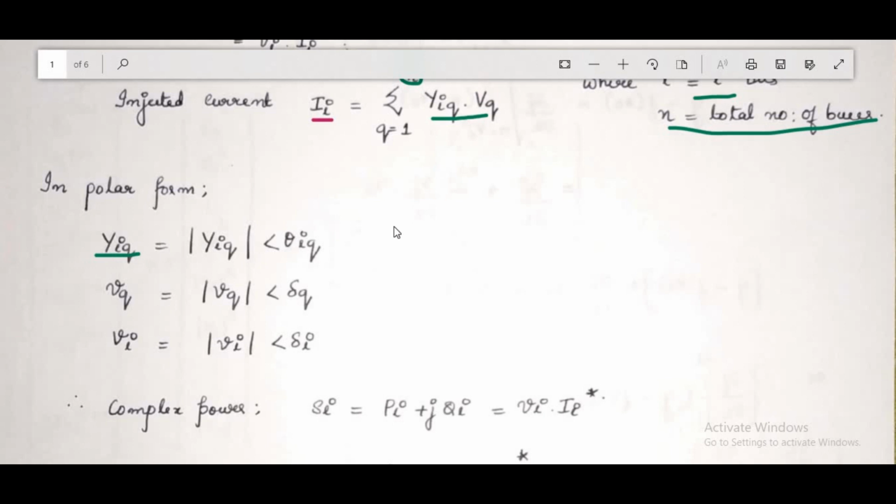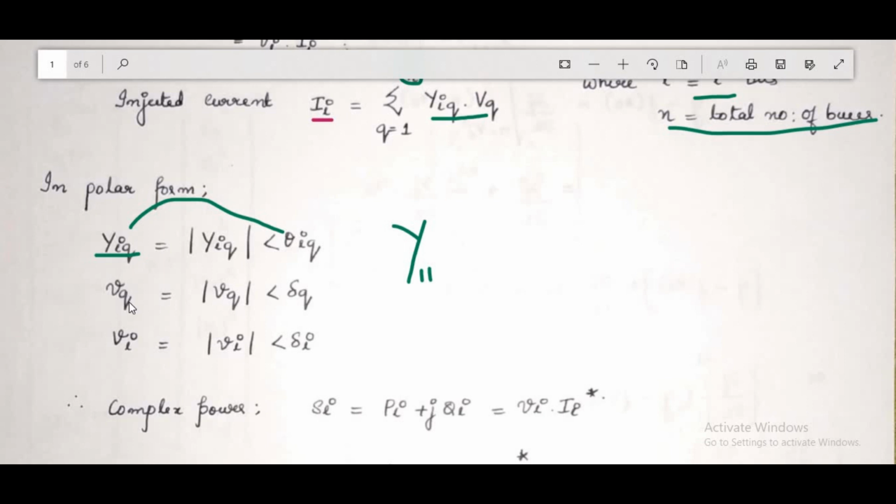Because we usually represent the admittance like Y11, Y12, generally I can write Yiq is equal to magnitude of that admittance and angle of that admittance. Magnitude with this modulus, and the angle is represented by theta. Remember, angle of admittance is represented by theta.